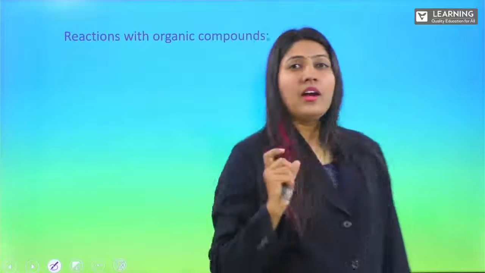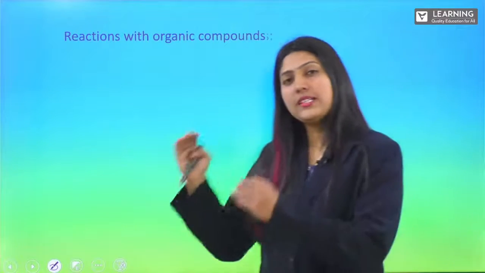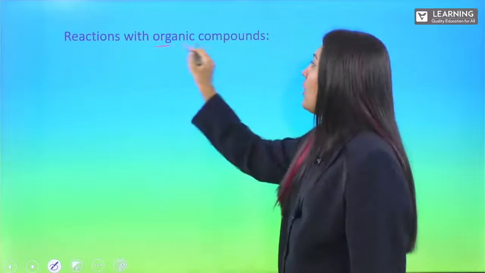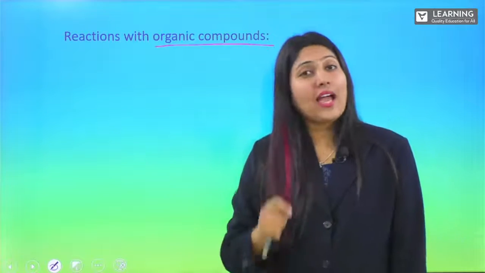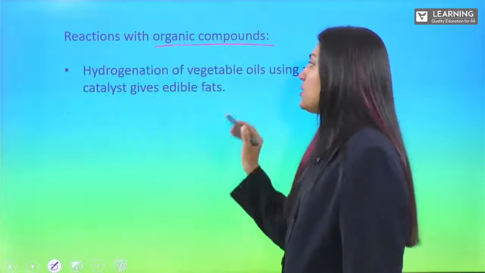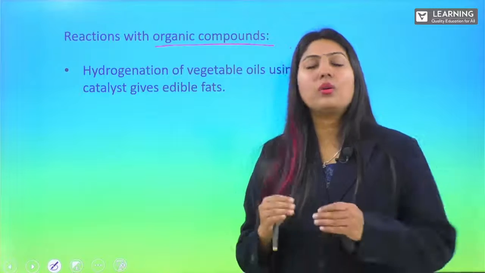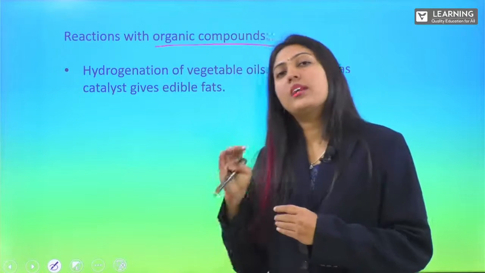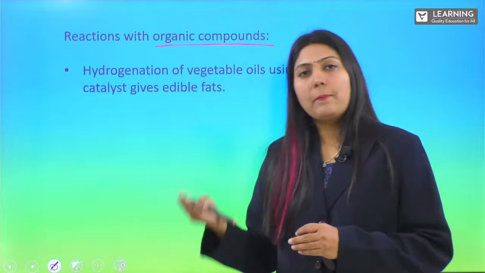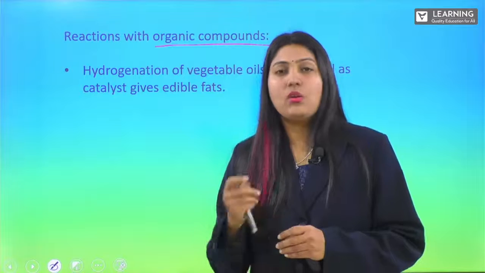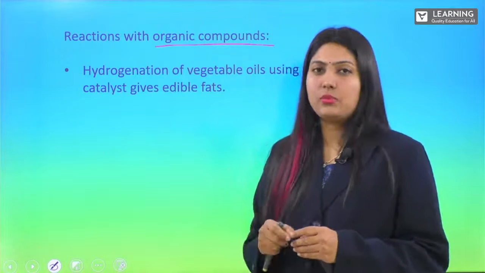Next, we finished with elements, metals and non-metals. Now we are studying the reaction of hydrogen with organic compounds. What do we mean by organic compounds first of all? Organic compounds are compounds derived from plants or animal products, containing carbon and its compounds.